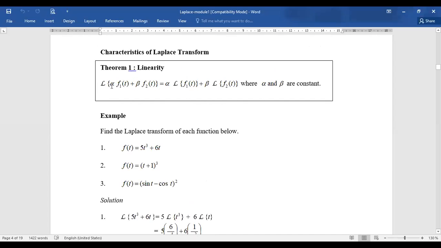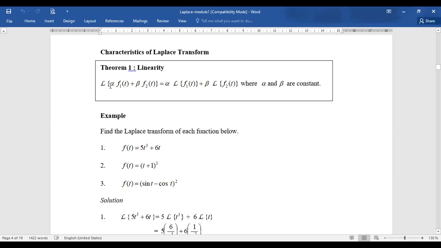Let's say Laplace F1 with the constant alpha and Laplace F2 with the coefficient beta, and with the summation for two Laplace, actually we can get here.